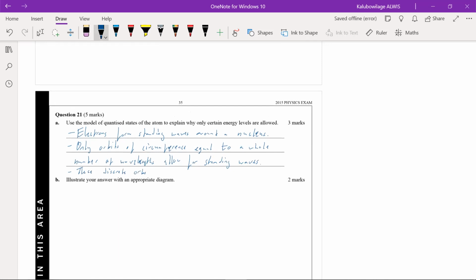Great. These orbits represent certain energy levels.